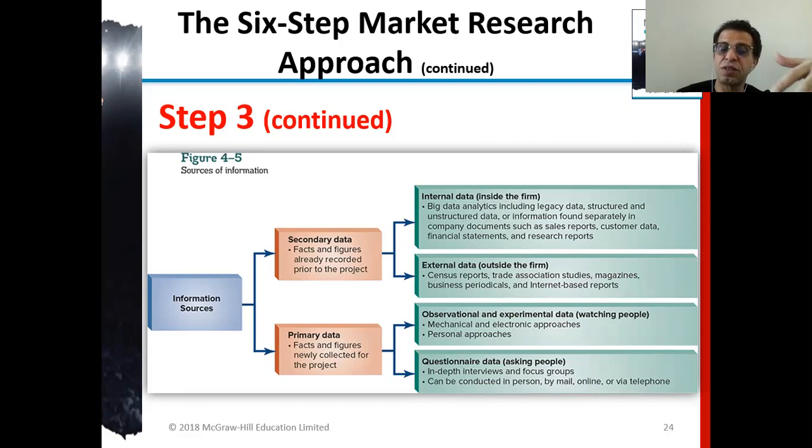And then you have what you call primary data. It's the facts and figures newly collected for the project. So when you send your people on the street or making phone calls or sending email, and you try to collect some special data, that's called primary data. For example, you want to see how many left-hand pipe players there are in Canada, because pipe players usually are right-handed.